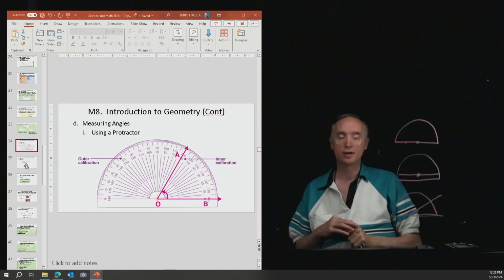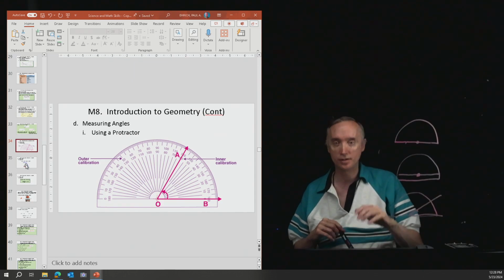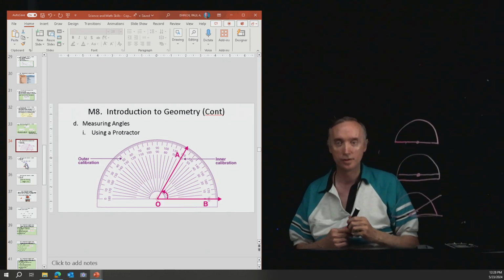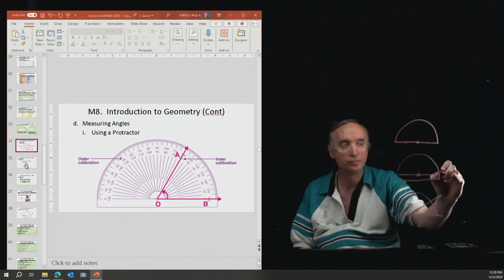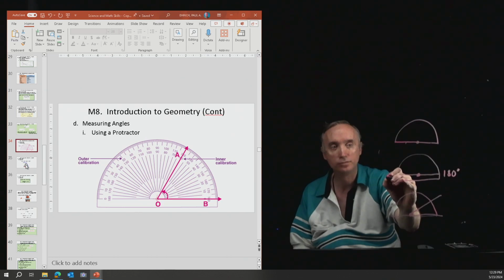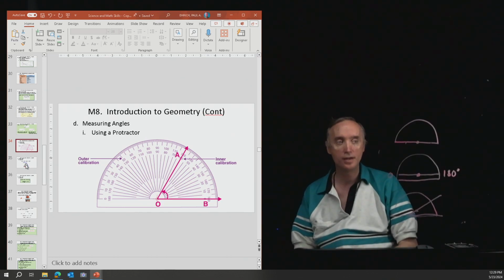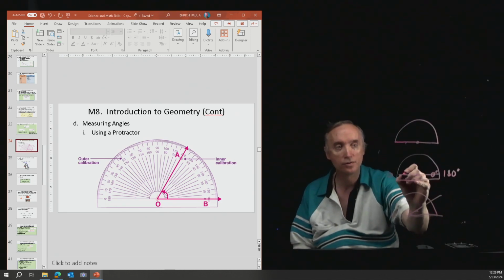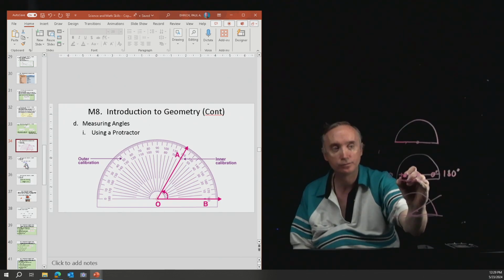Another thing that is tricky about protractors is looking at the numbers. You'll notice that these protractors have two sets of numbers. It goes from 180 degrees to 0 over here, but then it has another set of numbers that goes from 0 degrees to 180.